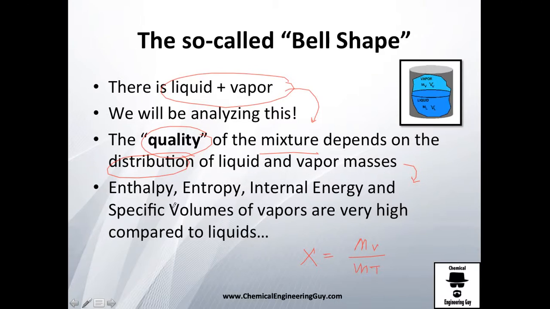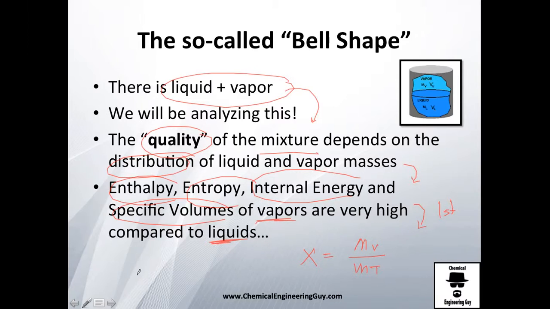And why we are talking about this is because the enthalpy, the entropy, the internal energy, the specific volumes, and all those variables that will be important to us to calculate the first law will vary depending on the amount of liquid and the amount of vapor you have in that mixture.